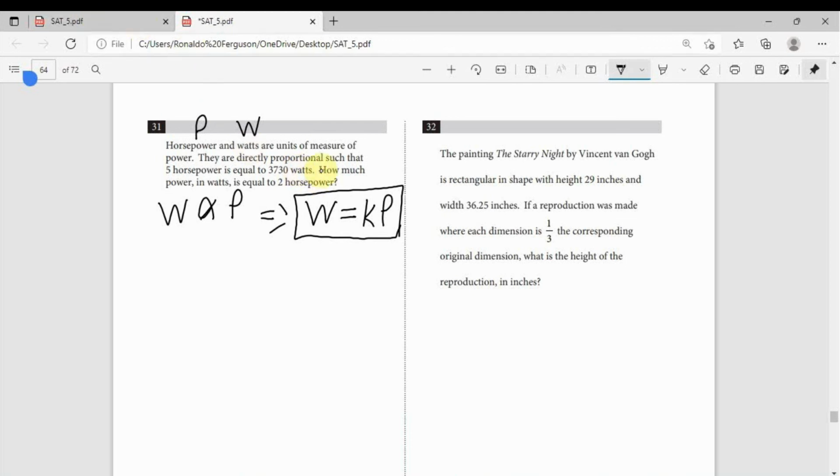So now notice they say that when the horsepower is 5, so that's when P is 5, W is 3730.